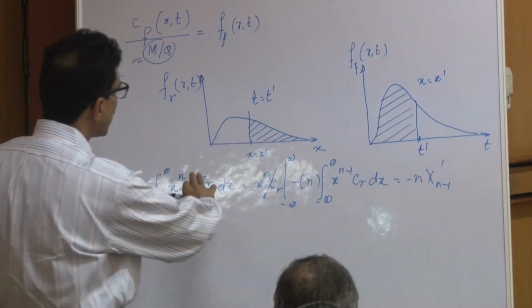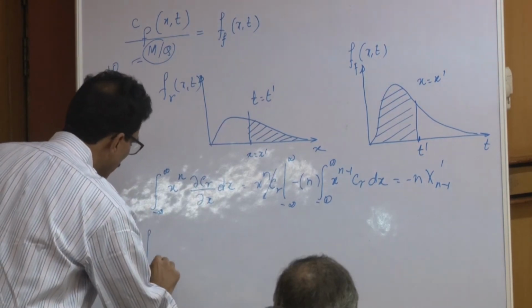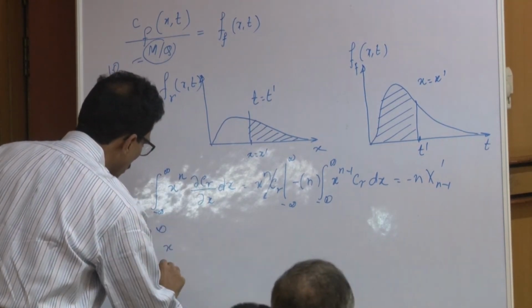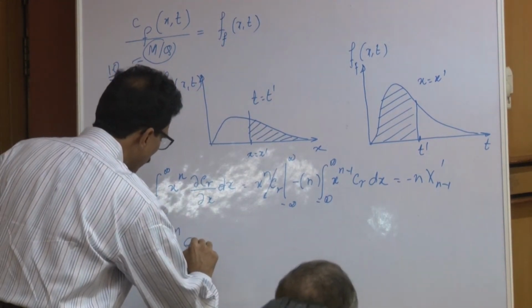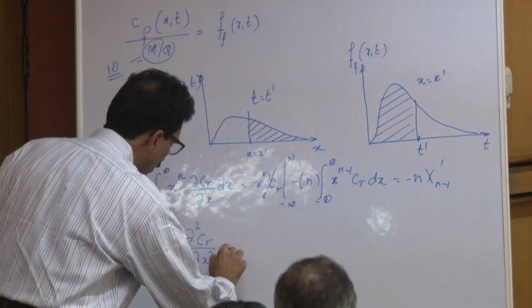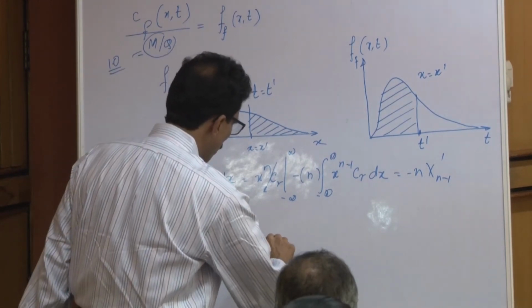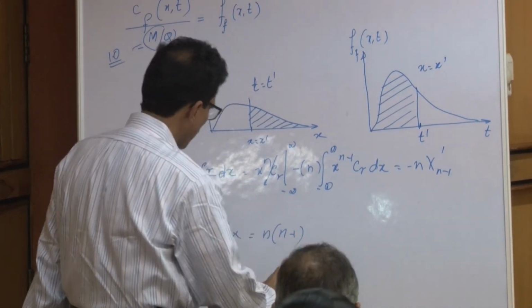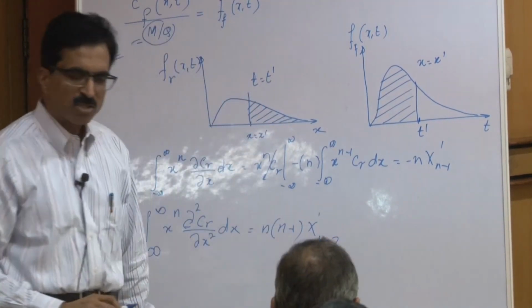I can do the same thing for the second derivative. For the second derivative, therefore, I'll have minus to plus infinity, x to the power of n times the second derivative, x squared dx. And you can carry it through. What I'm going to get is n times n minus 1 times x prime of n minus 2.